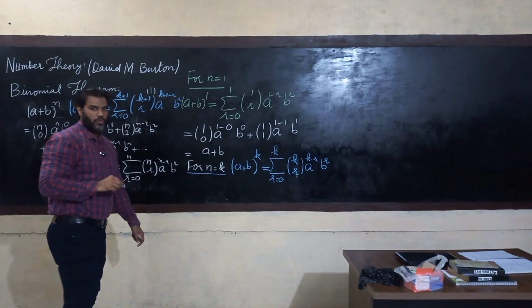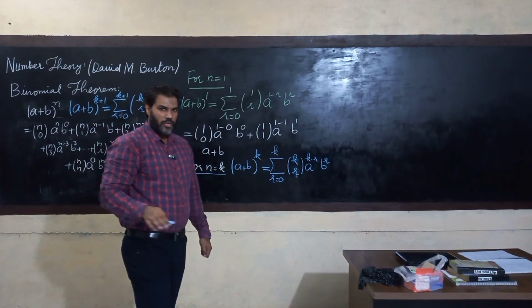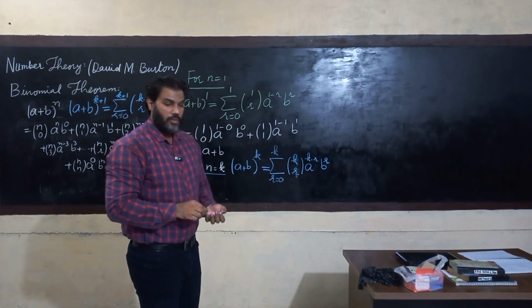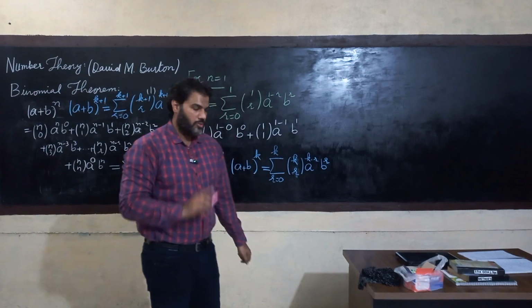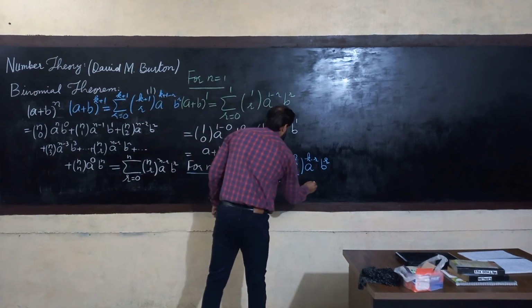This is our target to show. The statement is true for n is equal to k plus 1 whenever this statement is true for n is equal to k, say this is 1.